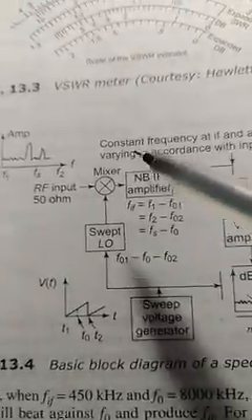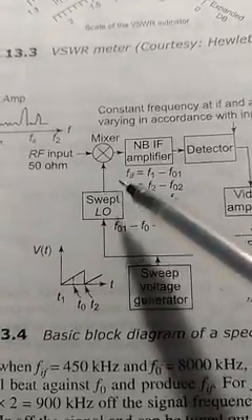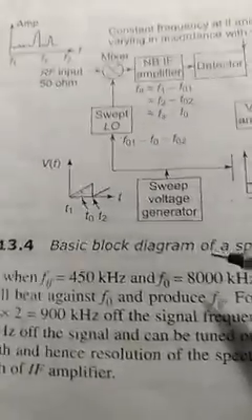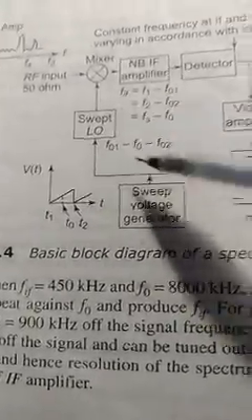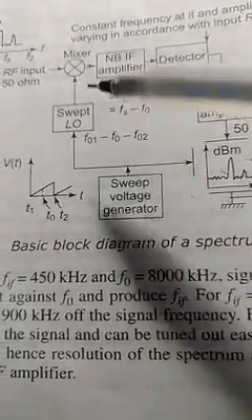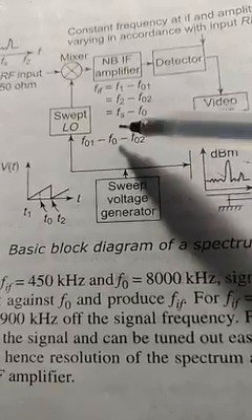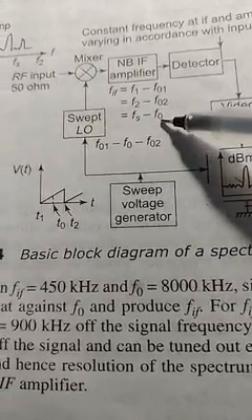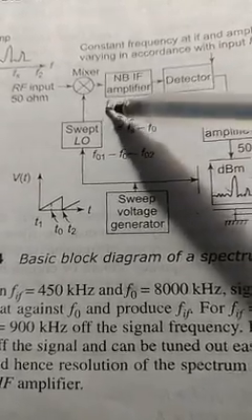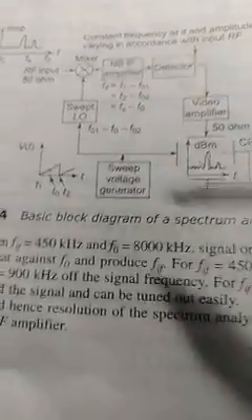For example, suppose we fix the IF at 450 kilohertz, and the local oscillator frequency is 8000 kilohertz. The IF is nothing but the signal frequency minus the oscillator frequency. So the signal frequency is IF plus oscillator frequency, or oscillator frequency minus IF.